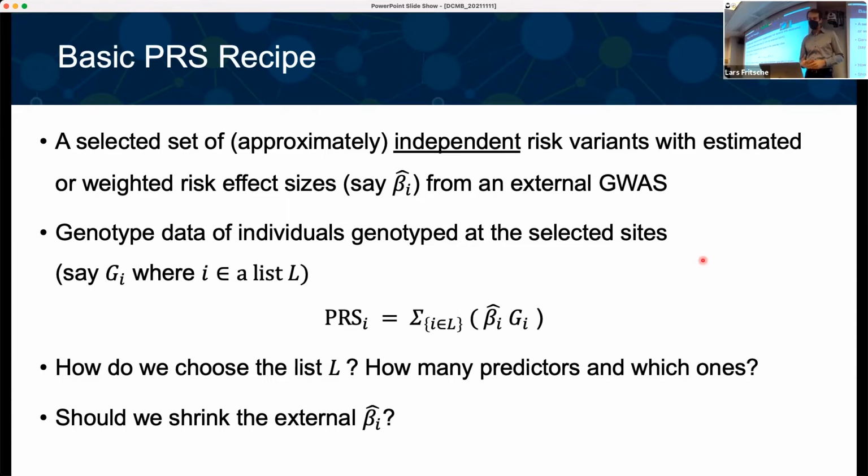Here I'm looking at summary statistics. Then in your own cohort, you have genotype data, and per individual you have either 2, 1, or no risk allele. So you have a list of those risk SNPs and their genotypes. Now for each single risk SNP, you multiply the risk allele dosage times the effect size from the external GWAS, and then sum up those numbers into a single score, and that's what we call a PRS.